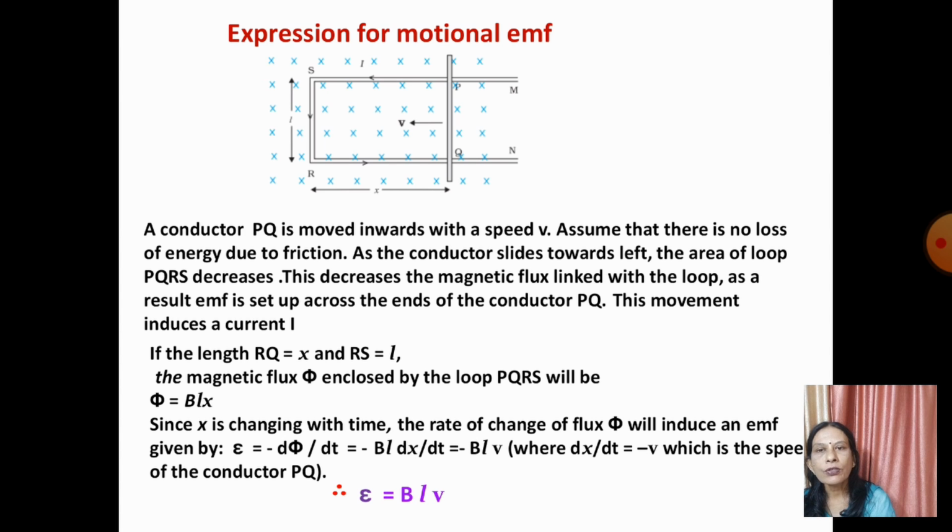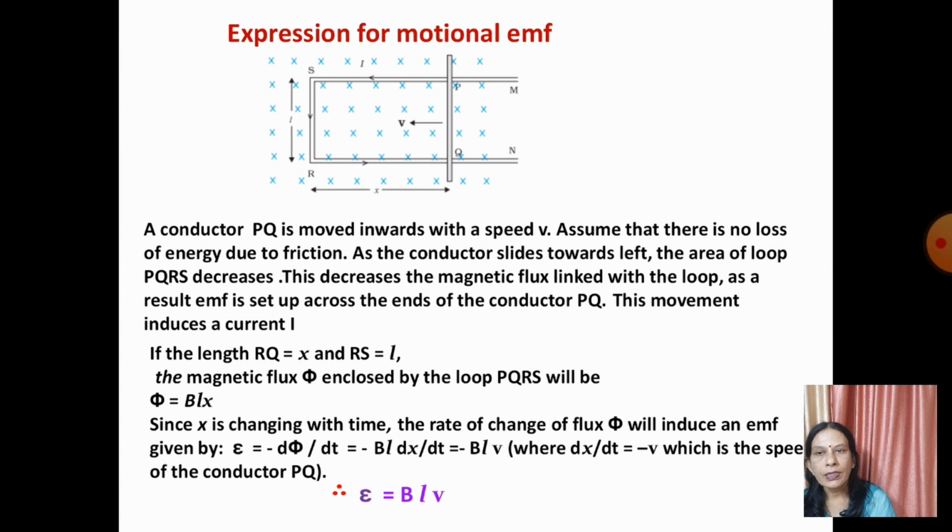The rate of change of flux will induce an EMF which is given by minus d phi by dt, which is equal to minus BL, because B and L are independent, not changing with time, and can be taken out of the differentiation, so it is equal to minus BL dx by dt.